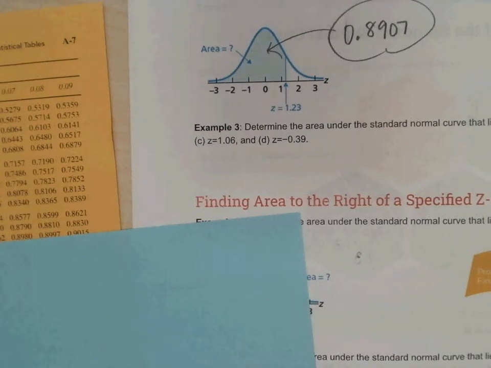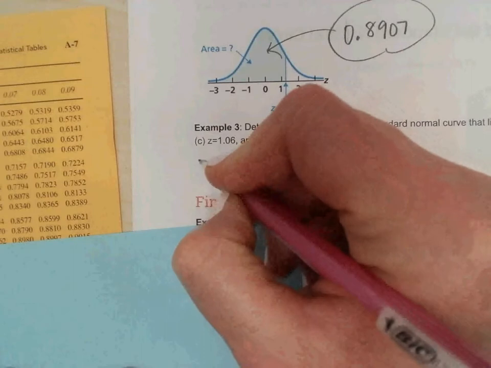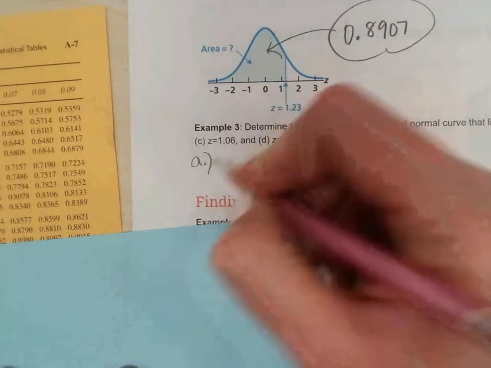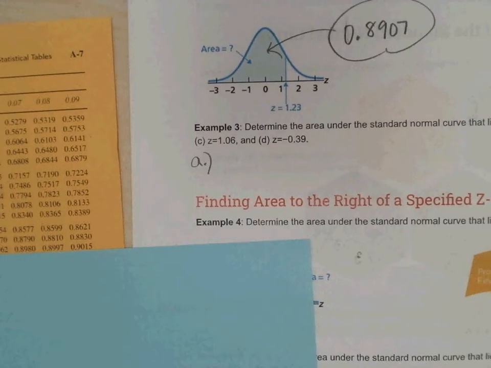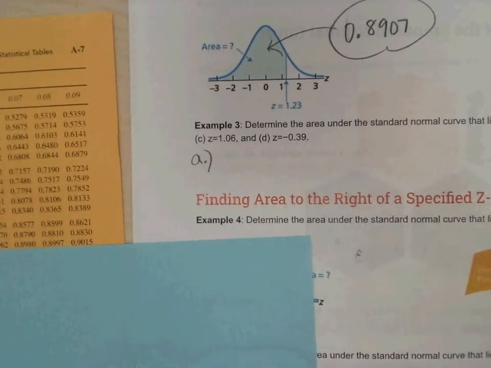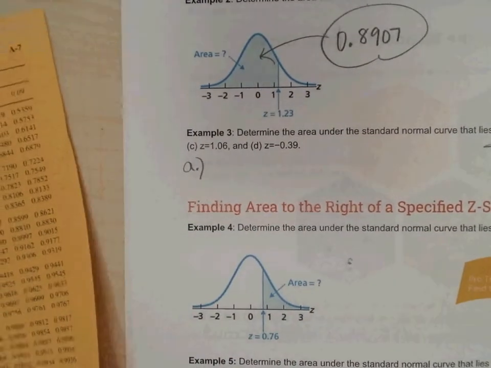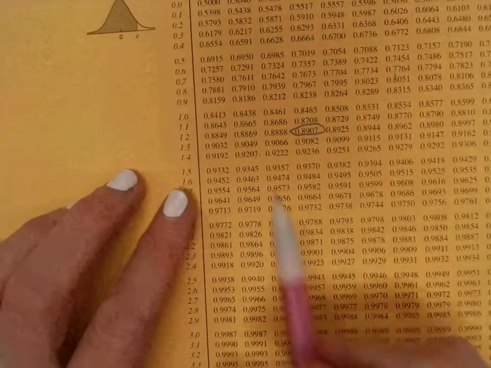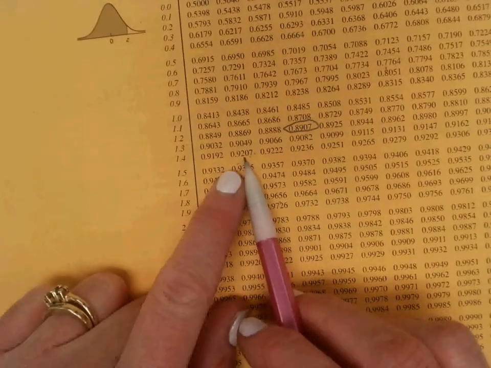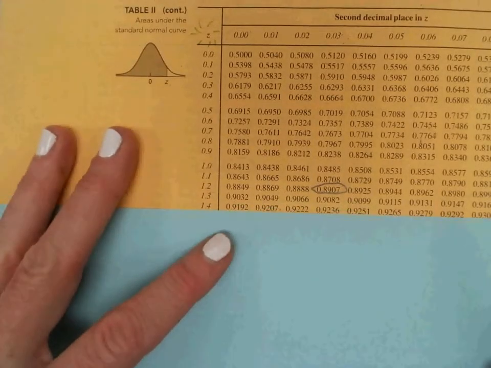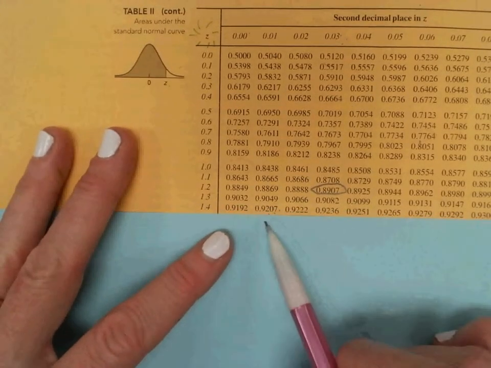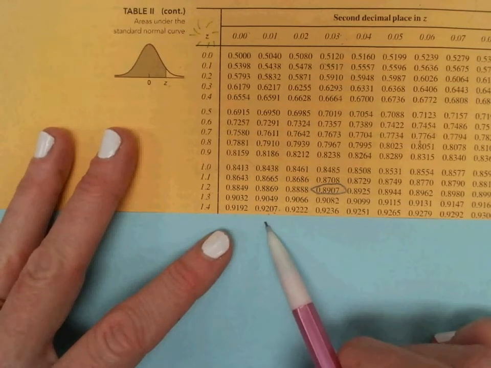Example 3 is going to have us find that a few more times just for practice. So A says if the z-score is 1.41, what's the area to the left? 0.659. You already found it? You're so fast. So if z equals 1.41, 0.9207, is that what you said?